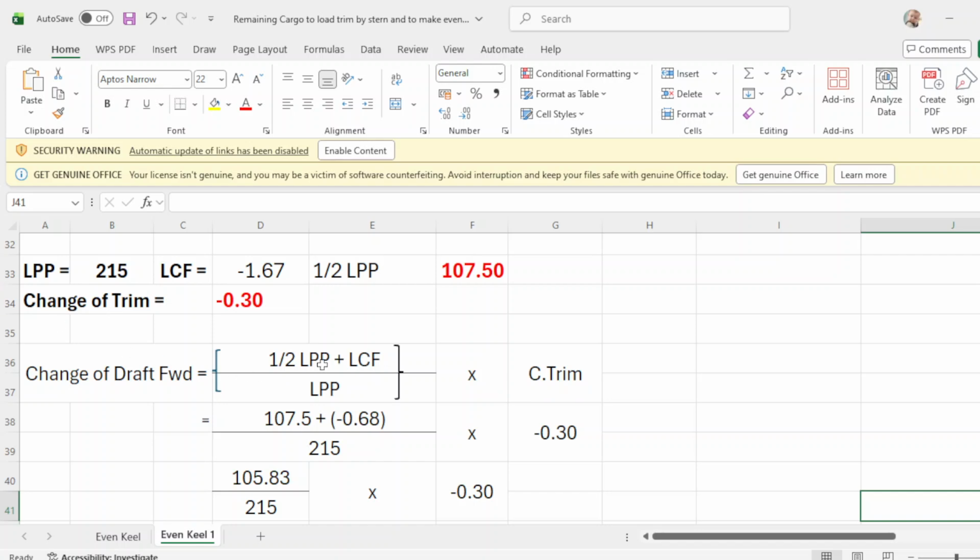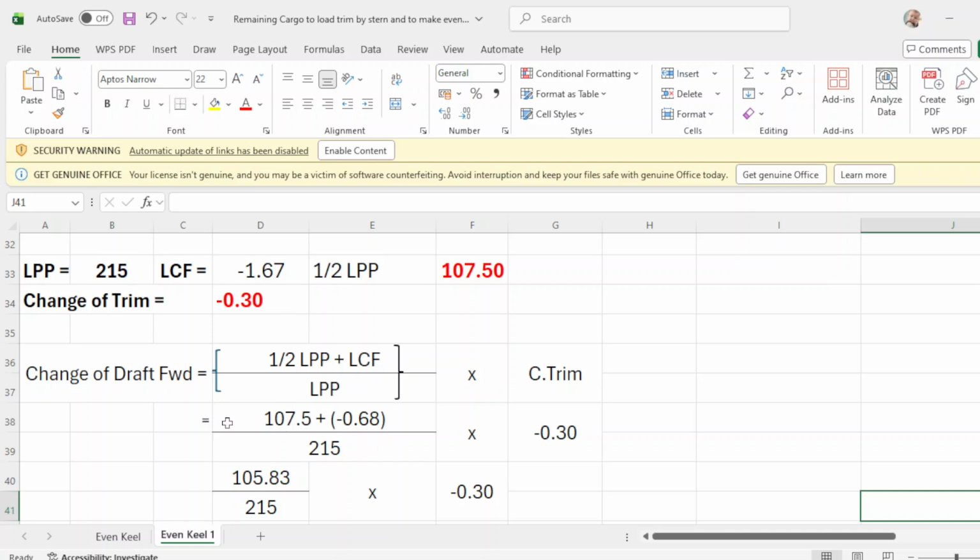Okay. Your LPP is 215. So what is 1/2 of 215? It is 107.5, which is this one. Okay.